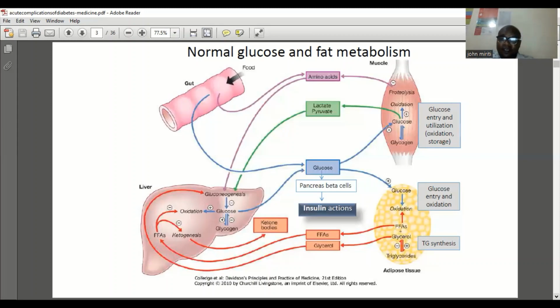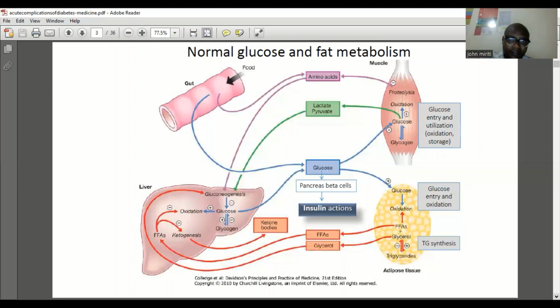You can see again that in the liver, free fatty acids from the adipose tissues and the glycerol can be converted into ketone bodies by ketogenesis, and also can be oxidized to glucose, which goes to the blood circulation and stimulates the beta cells to produce insulin.